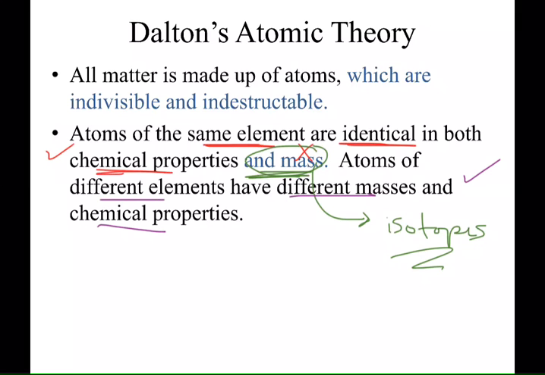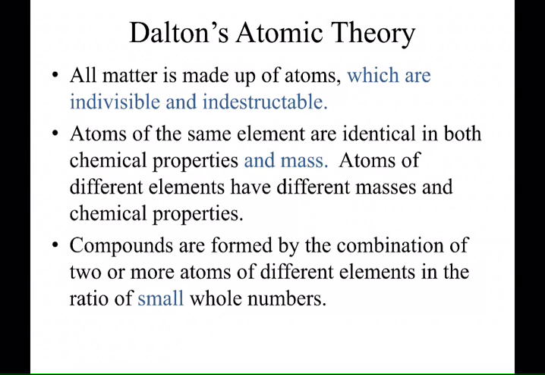What else? Dalton's atomic theory went on to say that compounds, where elements are joined together with chemical bonds between them in a known repeating unit, are formed by the combination of two or more atoms of different elements in a ratio of small whole numbers.